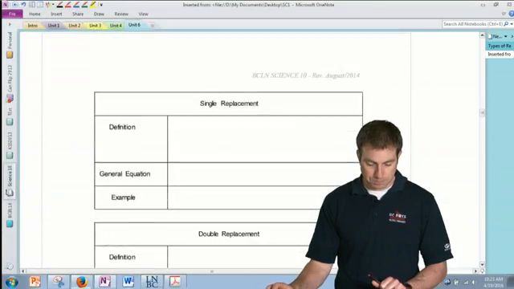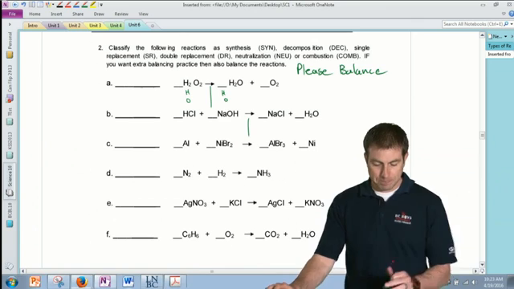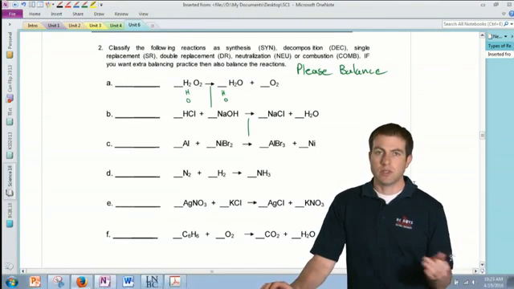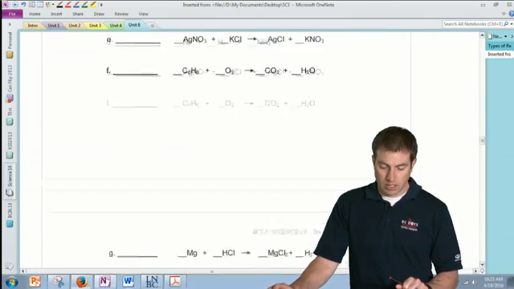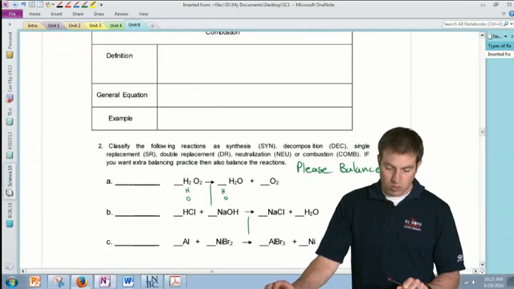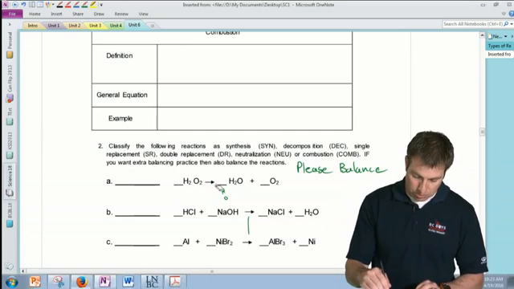So I'm talking question 2 here, balance them. If you can fit them in, awesome. If you want extra room, do it on a separate sheet of paper, staple that onto the back, submit it. That would be great. Maybe let's do a couple of these and then we'll move on to the last section, which won't take terribly long.